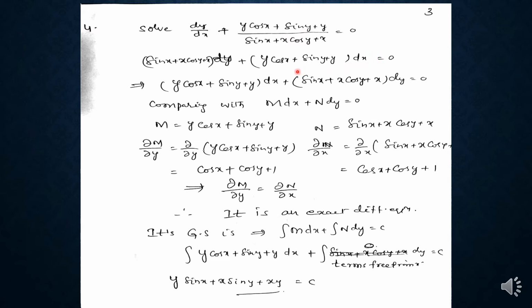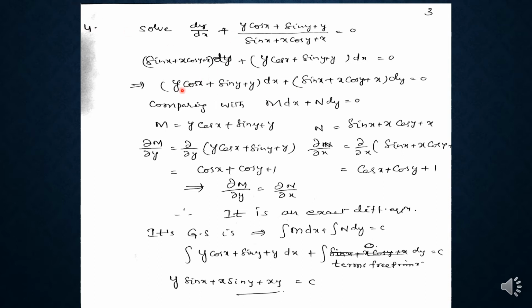Now rewrite the equation in the general form of the differential equation M dx plus N dy is equal to 0. So first write this term: (y cos x plus sin y plus y) dx plus (sin x plus x cos y plus x) dy is equal to 0.